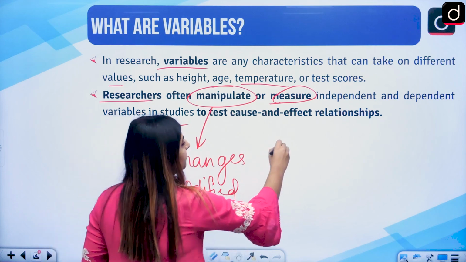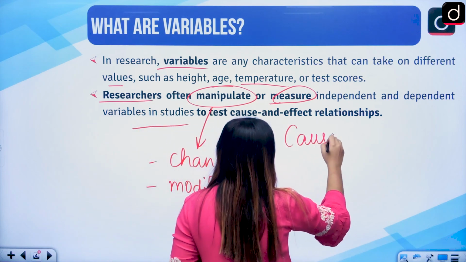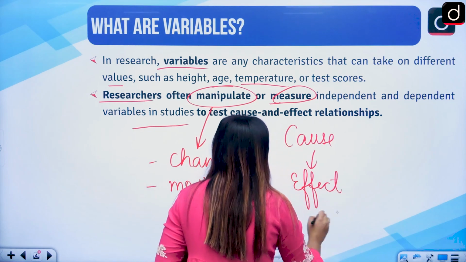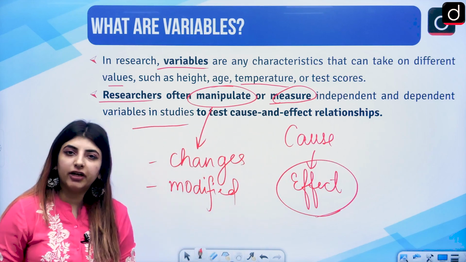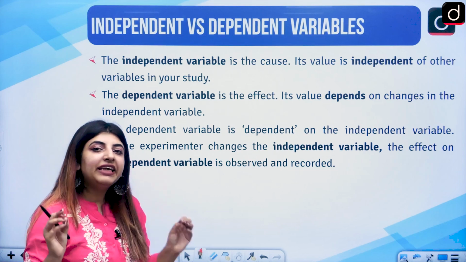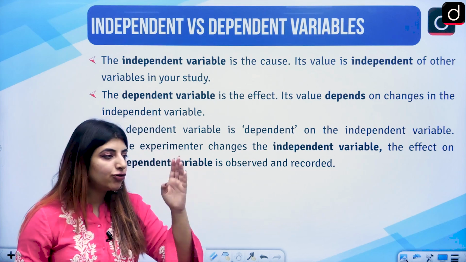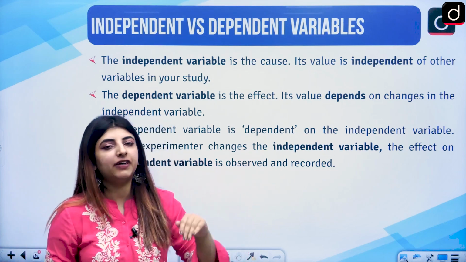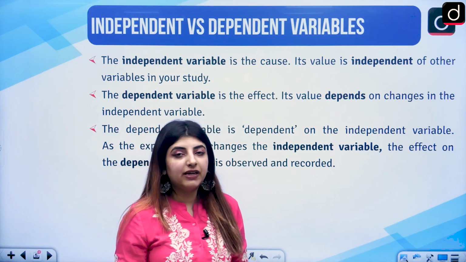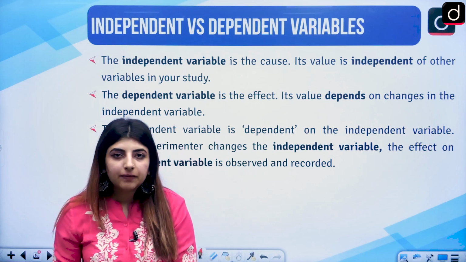So what is the cause of something? And if that's the cause, what is the effect that we are talking about here? That is why we need variables in our research, to see or establish this cause and effect relationship, which always, or most of the times, occurs, correct?